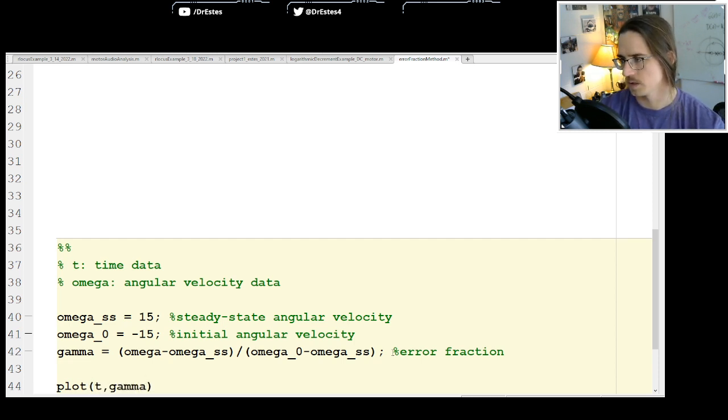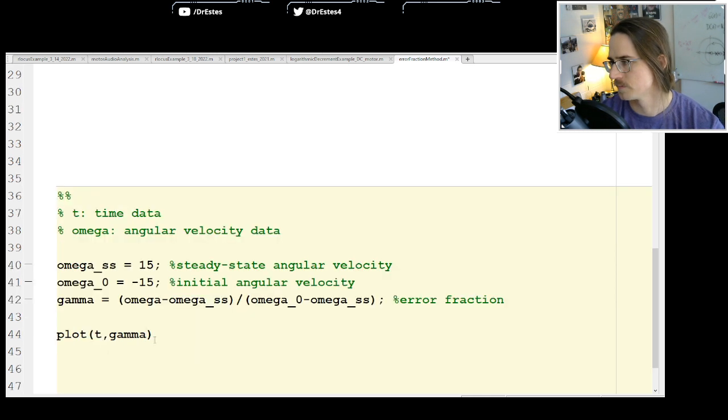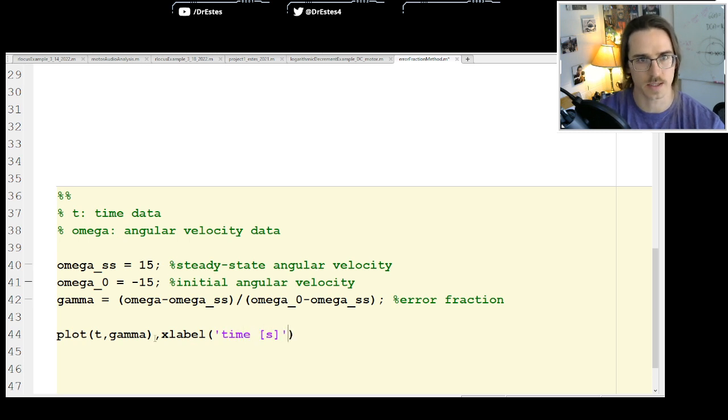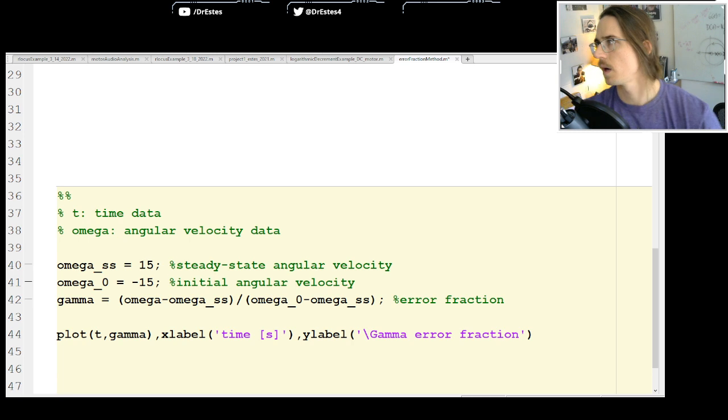t, gamma. And let's actually put axis labels on it now. So this is time in seconds. And this is my error fraction. Oops. Error fraction. I'm going to run this.